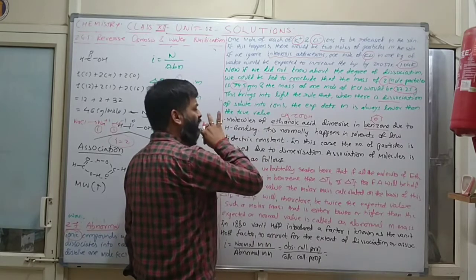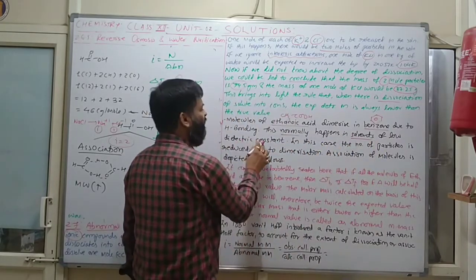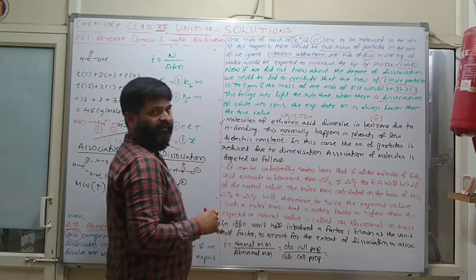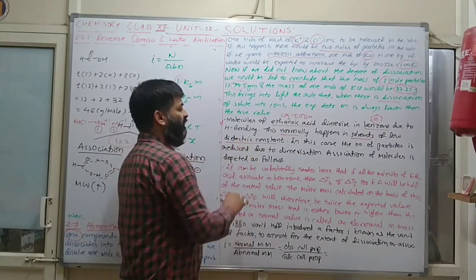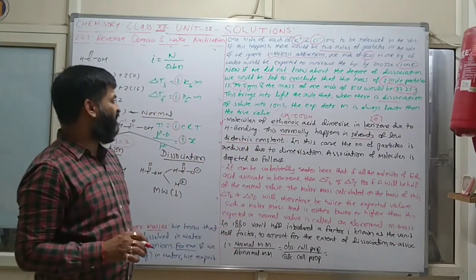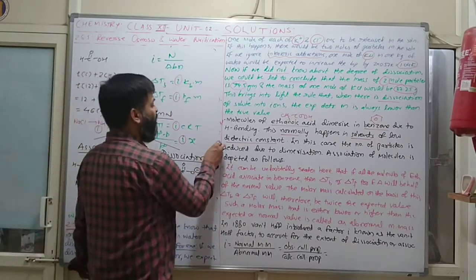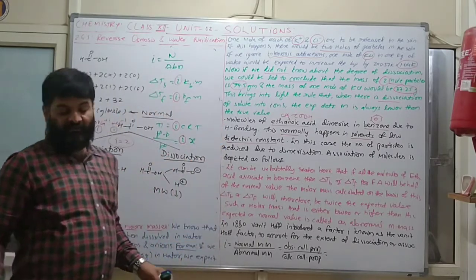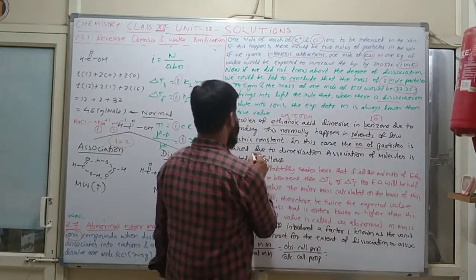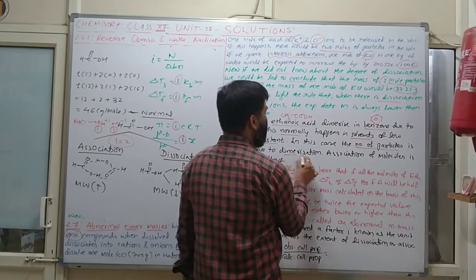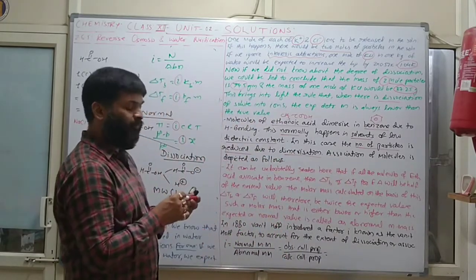This normally happens in a solvent of low dielectric constant. Dielectric constant is one type of parameter which is required for the conductivity of a solution. In this case, the number of particles is reduced due to dimerization, and association of molecules is depicted as follows.